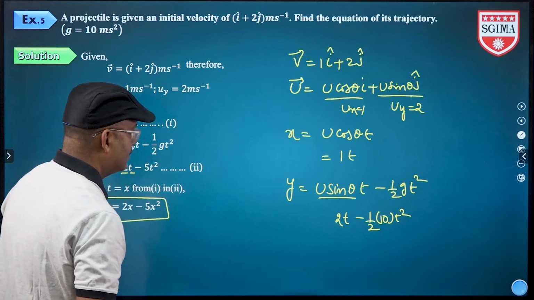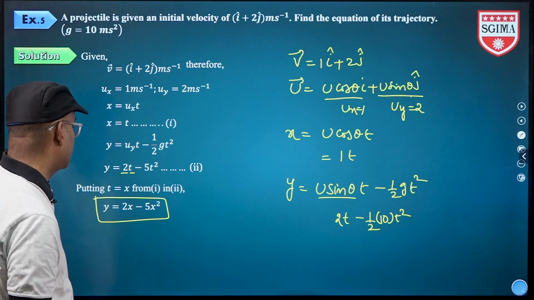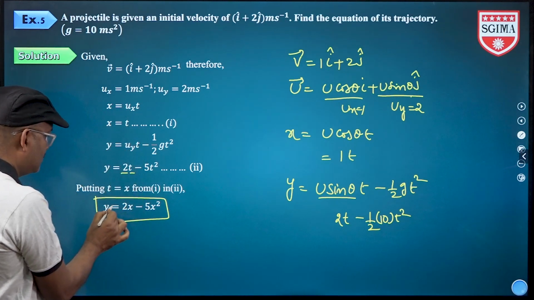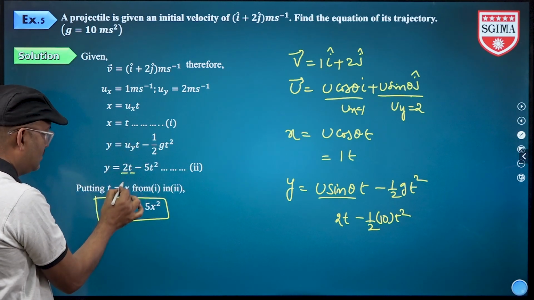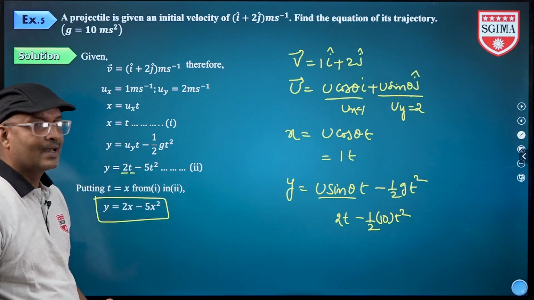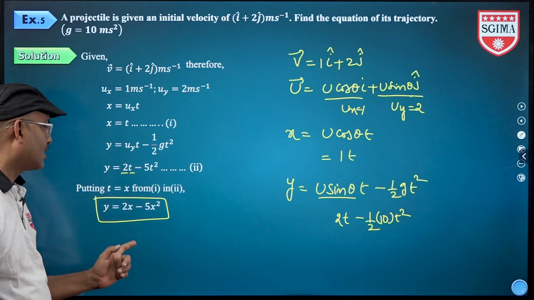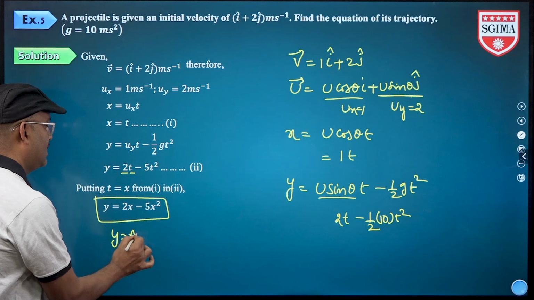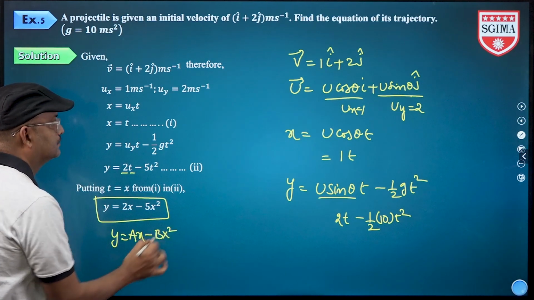So, I got y is equal to 2t minus 5t square. But t value is x. I am substituting in this first equation, x value here, then y is equal to 2x minus 5x square. So, it represents a parabola. It is in the form of y equal to ax minus bx square.